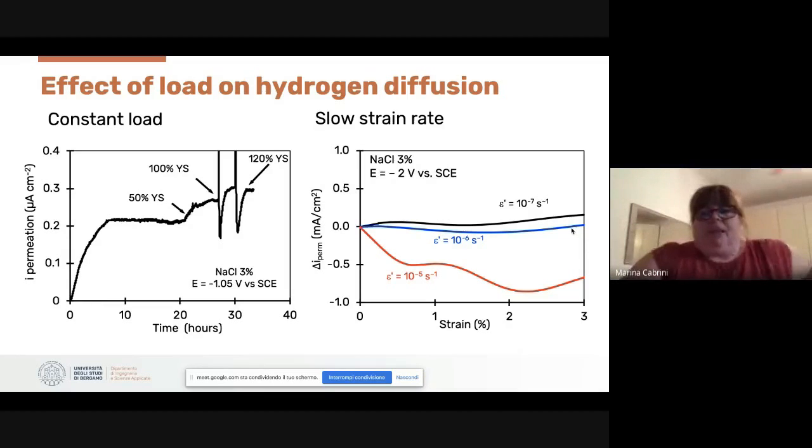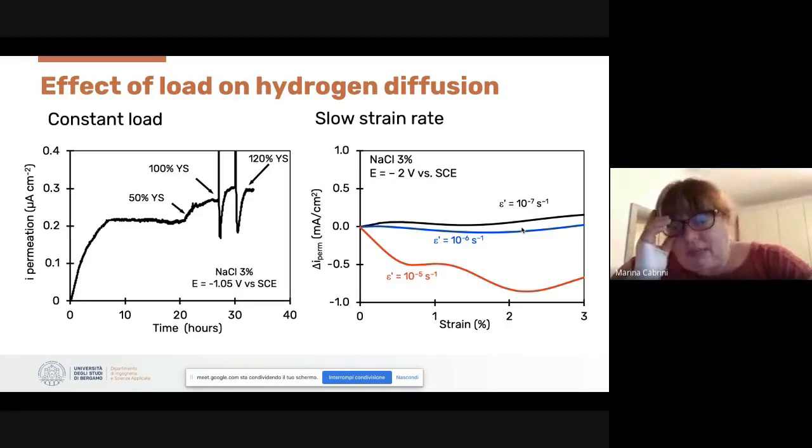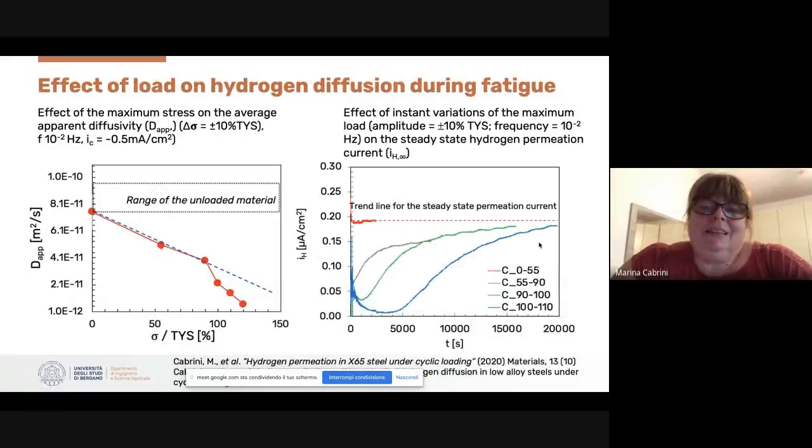So we observe a practically constant hydrogen permeation flux with the straining of the specimen. And here we can see the more recent result that we obtained, in which we try to measure the effect of the applied load, not only at constant load or constant strain rate, but during a fatigue cycle.